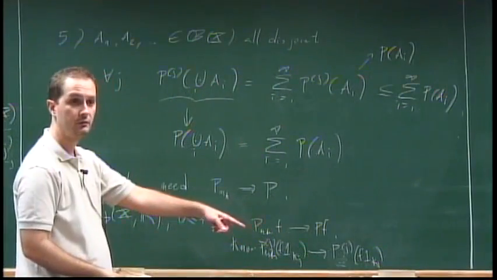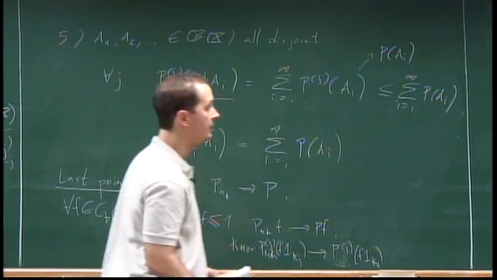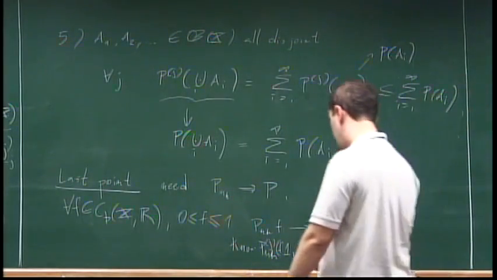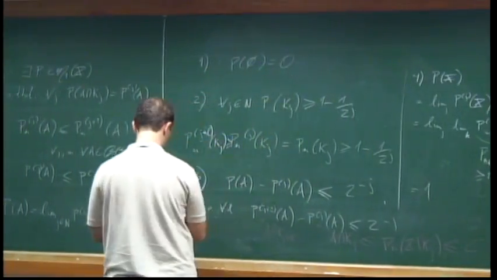That's the thing that we know. We know that we have weak limits over the compact sets. So this we know and we will use it. There's something else that we know, which is this thing here, which we're going to use right now.